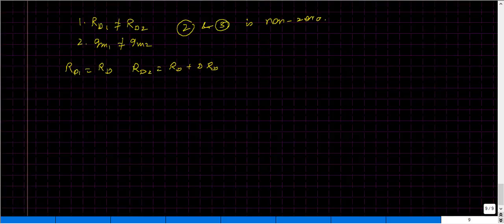Now, when we apply a symmetric input, the output won't be symmetric, which means that whenever I apply VICM, the output VO1 will not be equal to that of VO2, proving that both the second and third expressions would be non-zero.